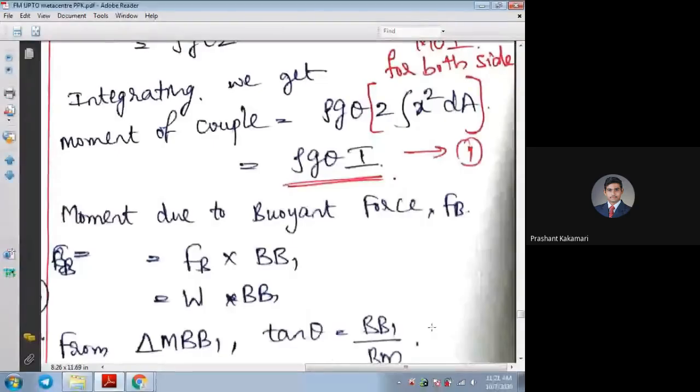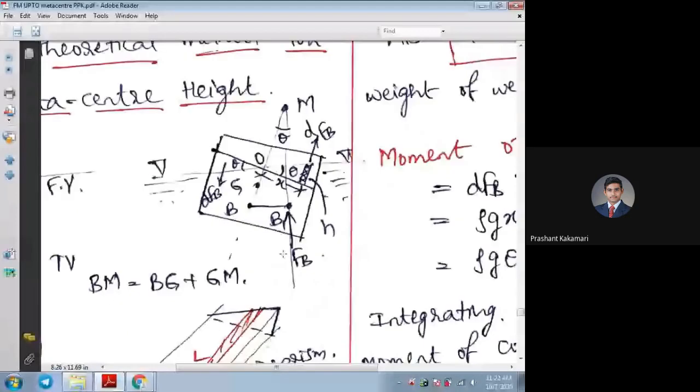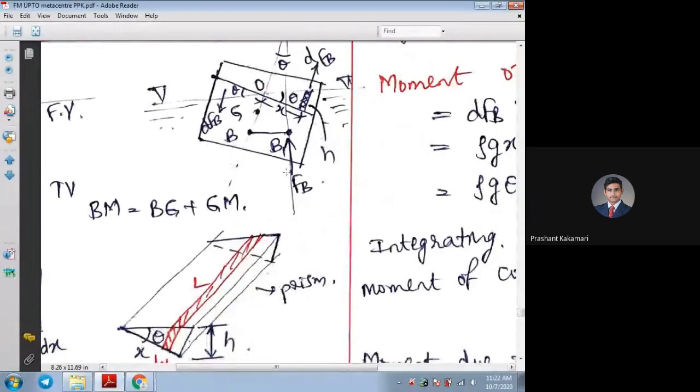So one more couple, or moment, we'll write. So the moment due to this total buoyancy force. The total buoyancy force is acting from B to B dash, or B to B1. FB into BB1 is a moment acting about B. Now we'll analyze how to write BB1 in terms of these dimensions L, H, X or theta.